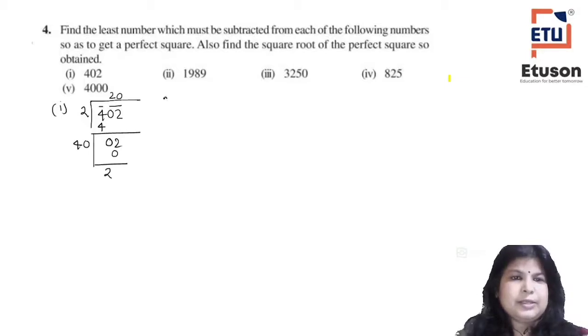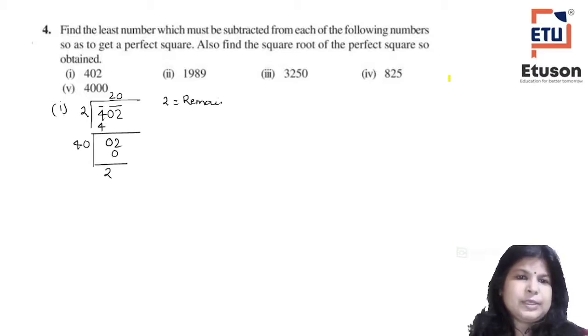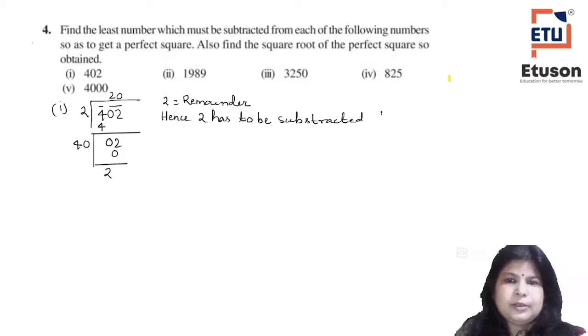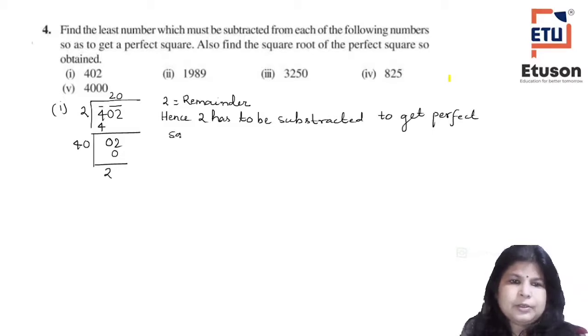So I can write it here. 2 is equal to the remainder. Hence 2 has to be subtracted to get a perfect square.